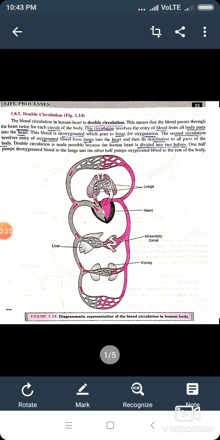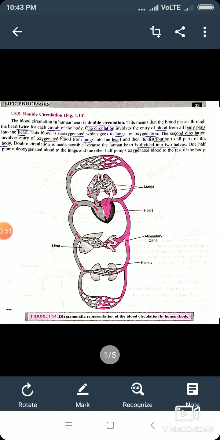In my previous video, I had explained to you about the structure of the heart and how the blood flows in the heart. During my explanation, I had told you how blood comes into the heart and goes out of the heart.